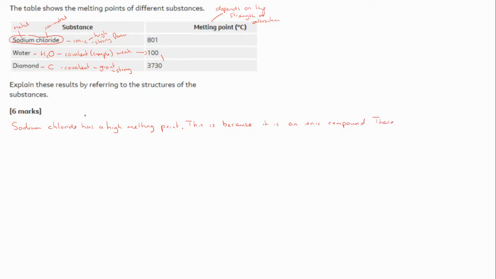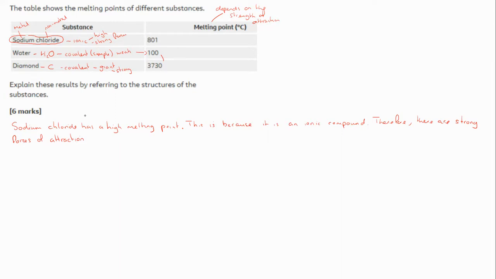Therefore, there are strong forces of attraction. And I need to say what these forces of attraction are between. In an ionic compound, it's between the positive and the negative ions.